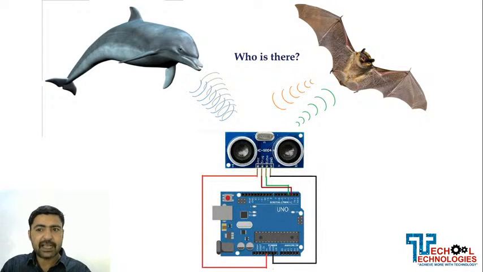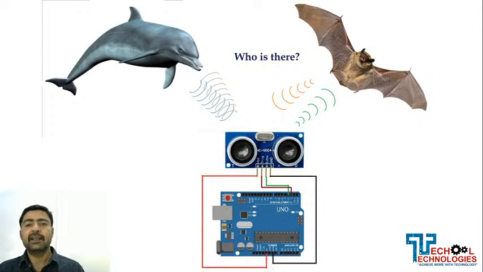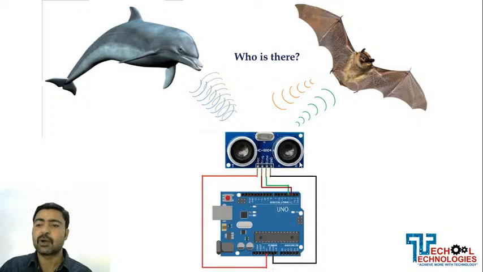In a similar fashion, dolphins use ultrasonic waves. They send a burst of ultrasonic waves in water, and by that they detect their prey, whatever they are hunting in the sea. So this sea animal and the bat both use ultrasonic waves to detect objects or the size of the object.